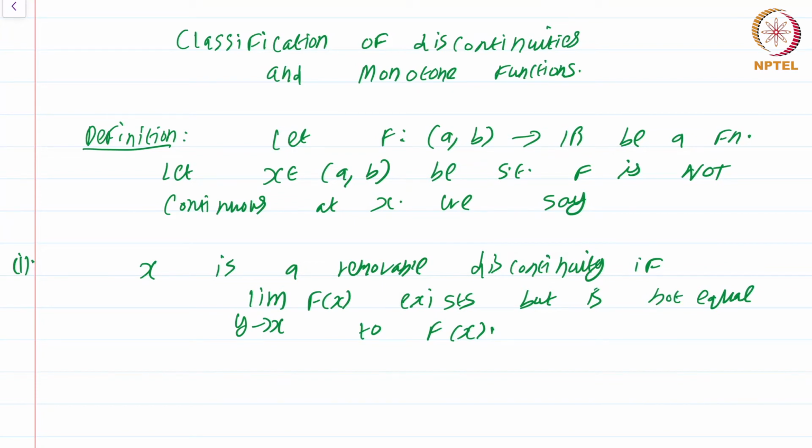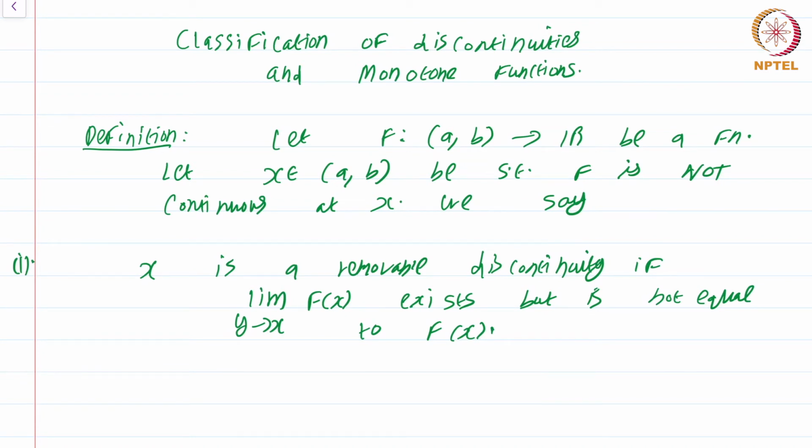to f of x. Why is this called a removable discontinuity? Well, it's obvious why. If we redefine f of x to be this limit value, the limit as y going to x of f of y, then obviously you end up with a continuous function.